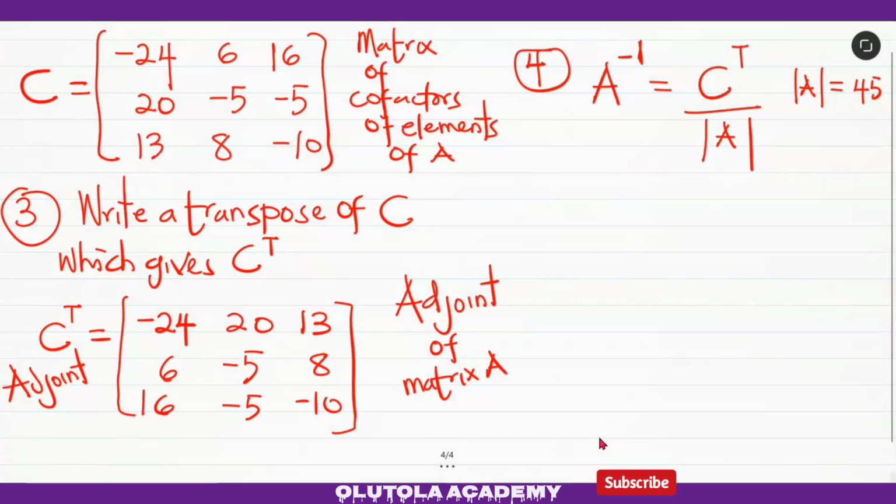Then it means that A inverse will be equal to CT, which is this matrix here, divided by the determinant. So each of the elements of the transpose of the cofactors is divided by the determinant, which is in this case 45.